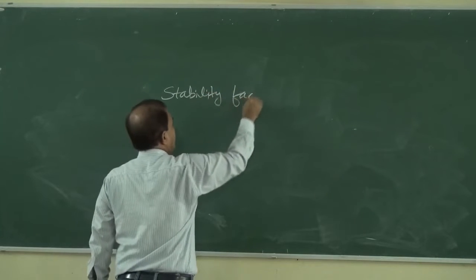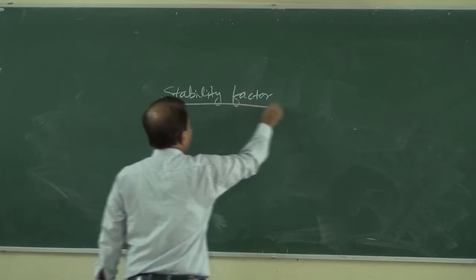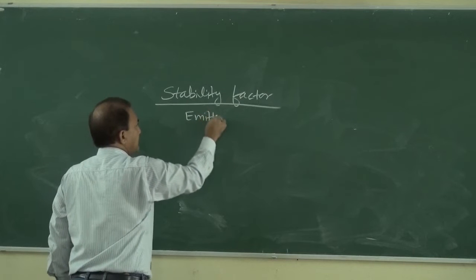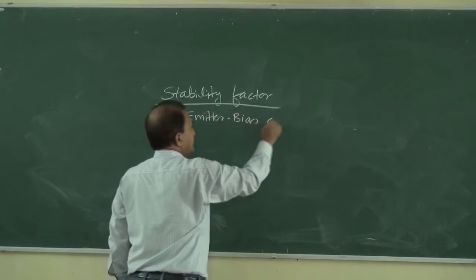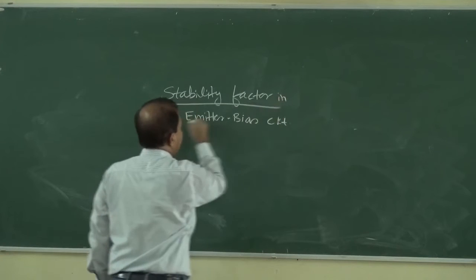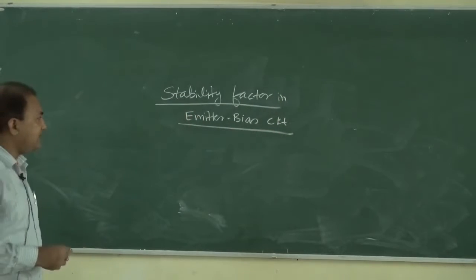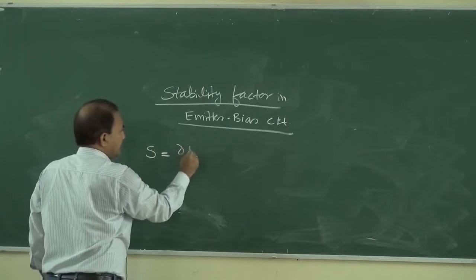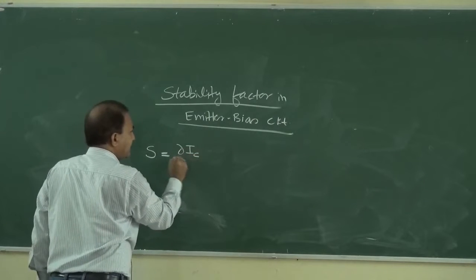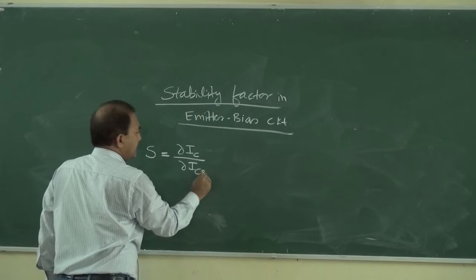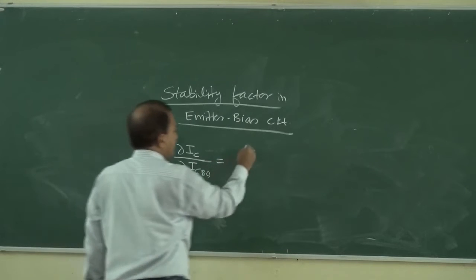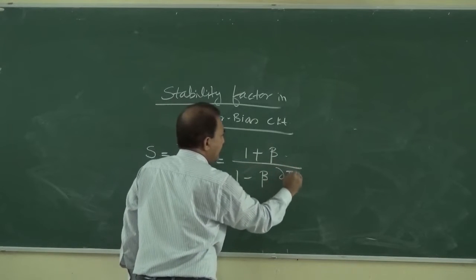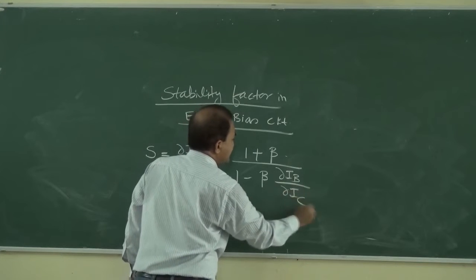Stability factor in case of emitter bias circuit. How can we determine the stability factor? The expression for stability factor is S equal to del IC divided by del ICBO, which is equal to 1 plus beta divided by 1 minus beta into del IB divided by del IC.